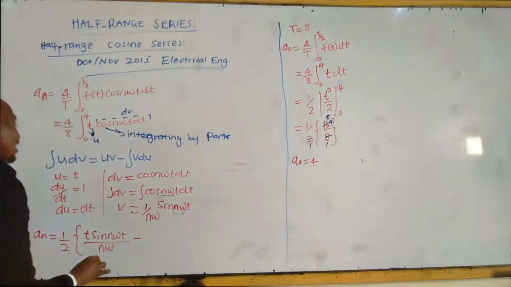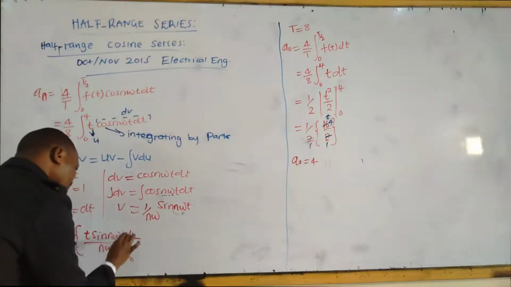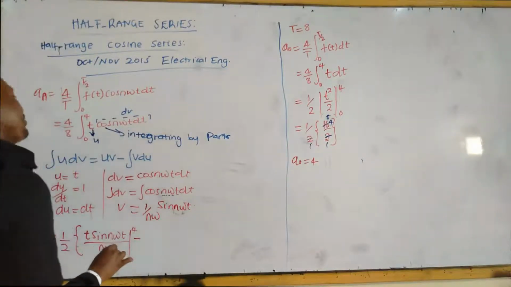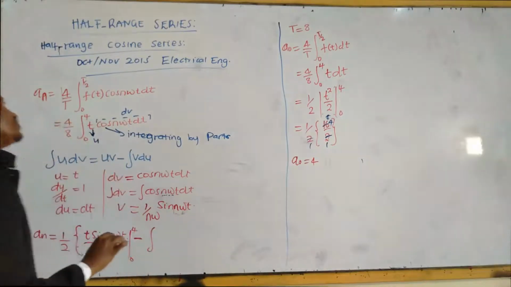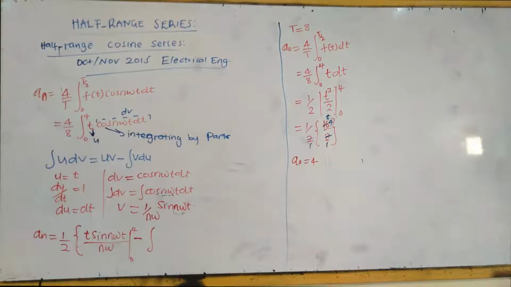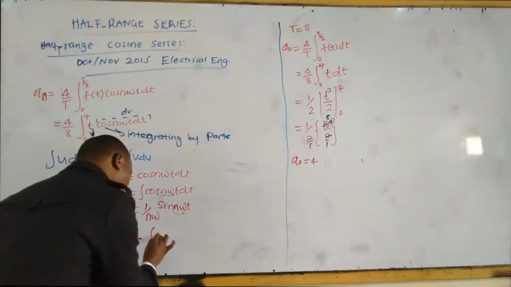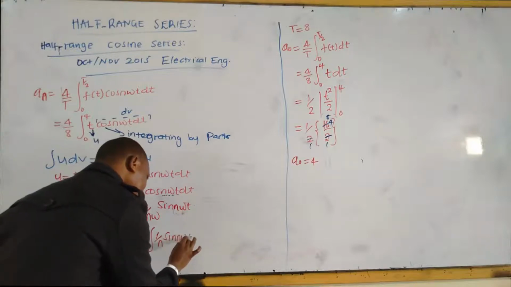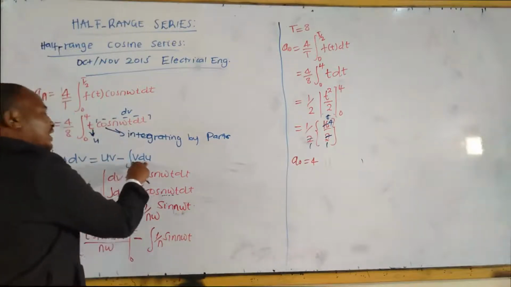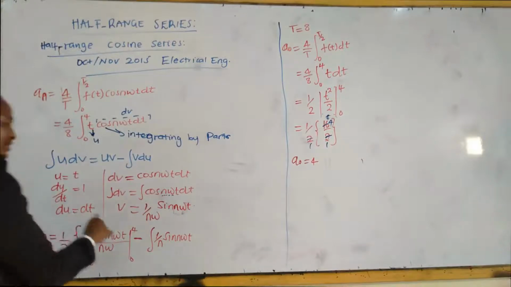We are ready to apply the limit from 0 to 4. Minus the integral of v, which is 1 over n omega sine n omega t, du is dt.